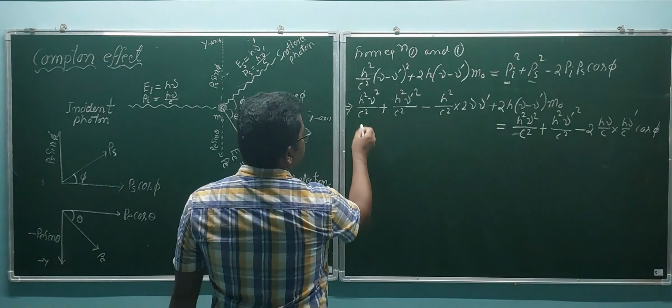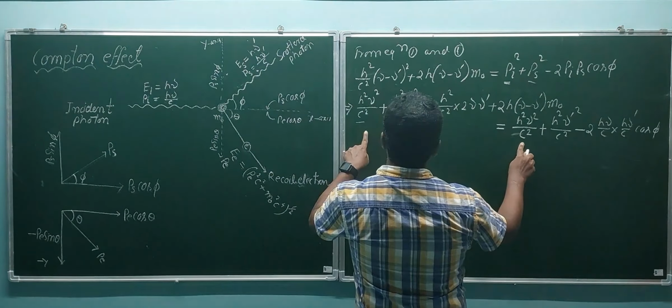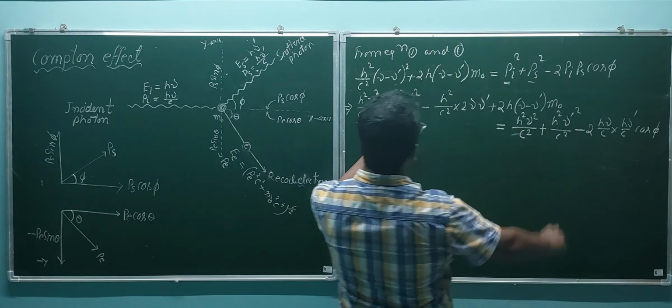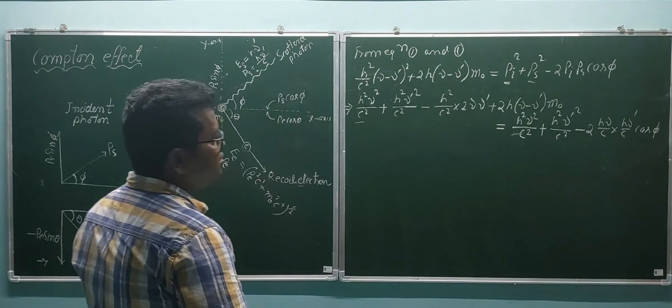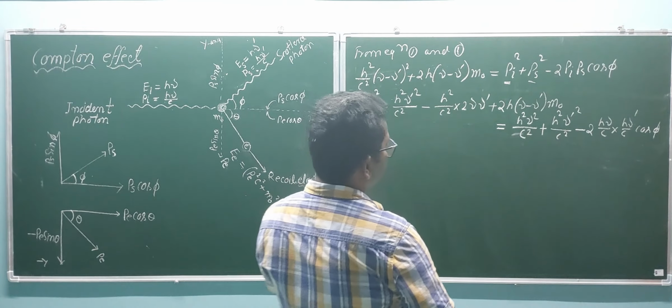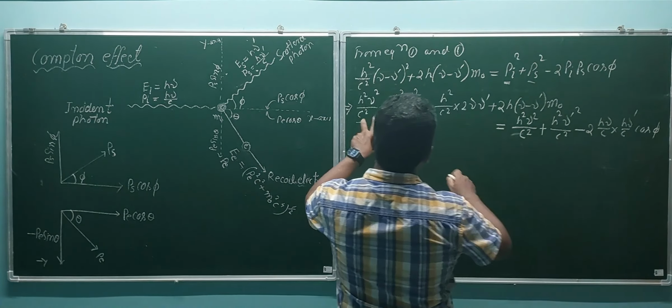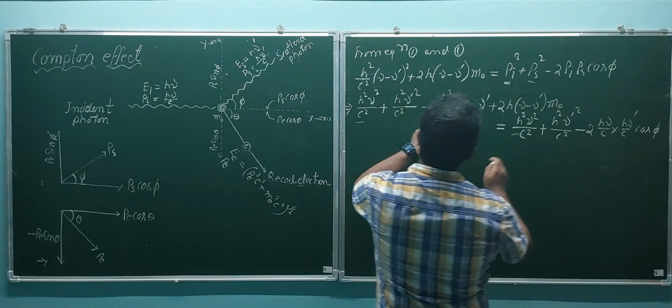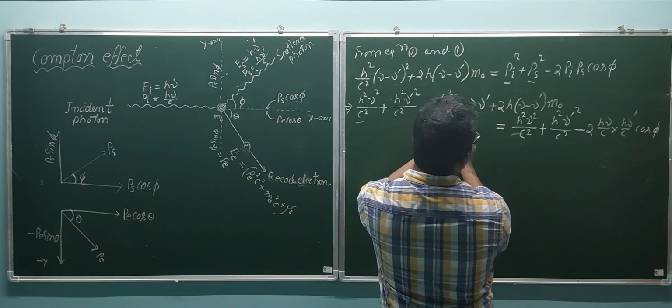Now see, this quantity cancels, this quantity cancels, these two cancel, these two cancel.